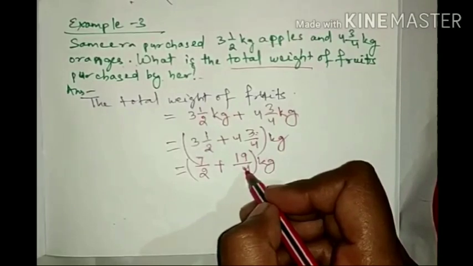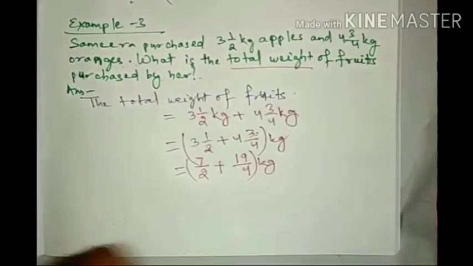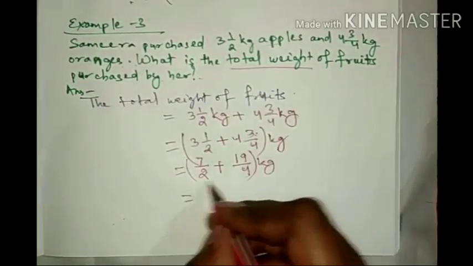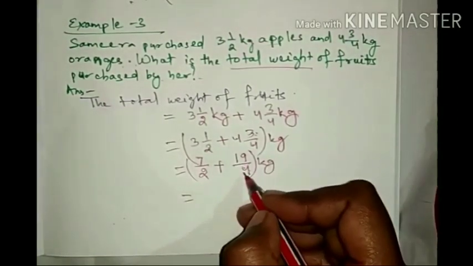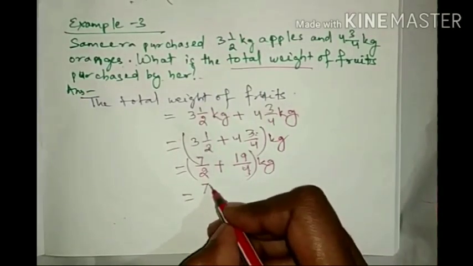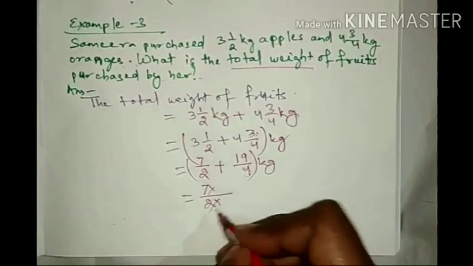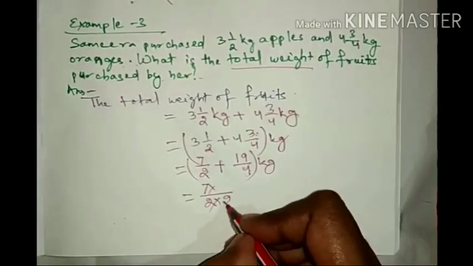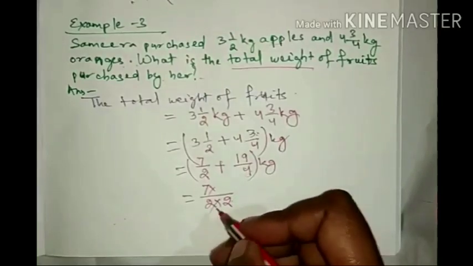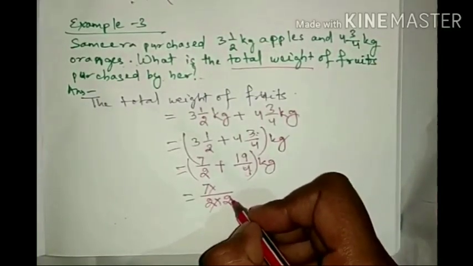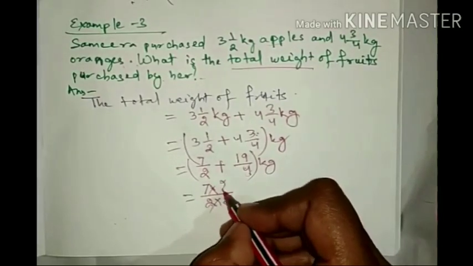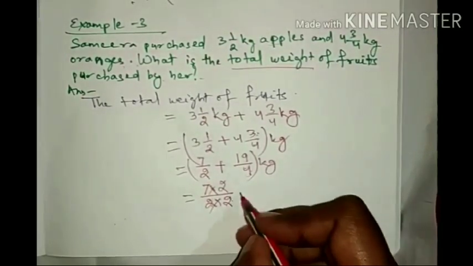So here these two are unlike fractions. We have to convert them into like fractions. Here one denominator is 4, the other is 2. 2 can be converted into 4. What will we multiply? If we multiply by 2, it will be converted into like fraction. If we multiply 2 to the denominator, we have to multiply 2 to the numerator.